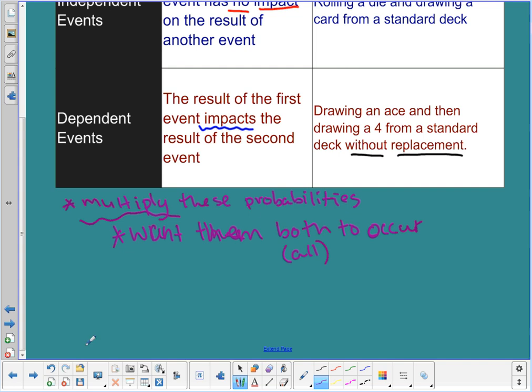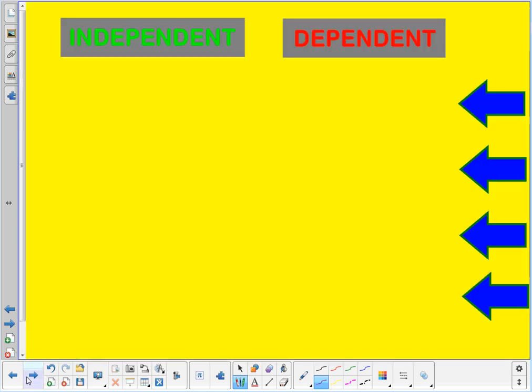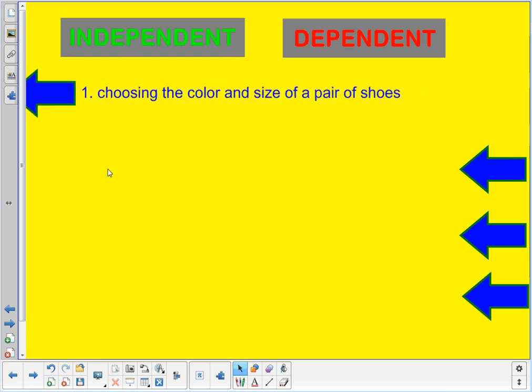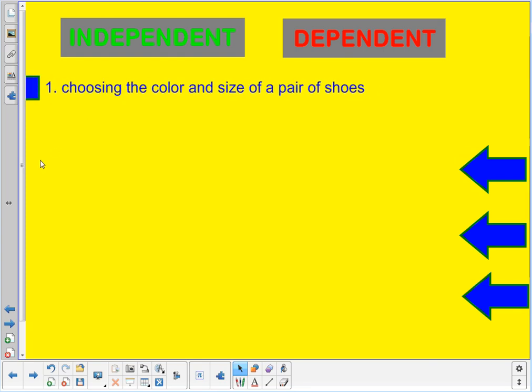So let's just practice identifying what's independent and dependent. Number one says choosing the color and size of a pair of shoes. Now, theoretically, when a shoe company makes a bunch of different styles of shoes, they're going to make each style in every size that's possibly available.